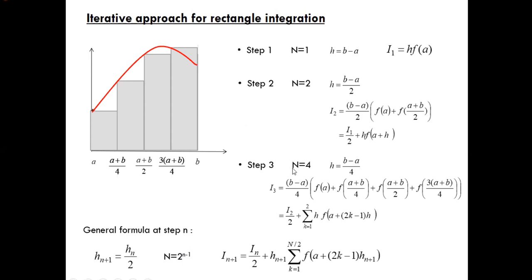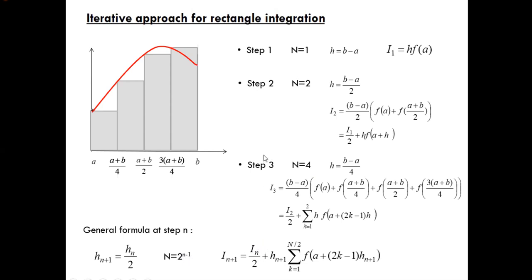So at step 3 the number of intervals is 4. Like this I derived a formula: the number of intervals at a given step is 2 to the power n minus 1.